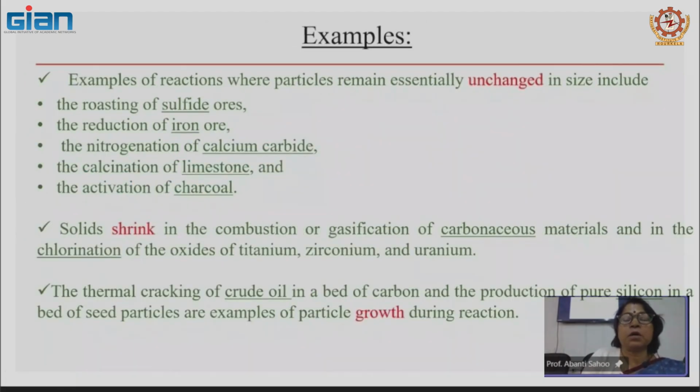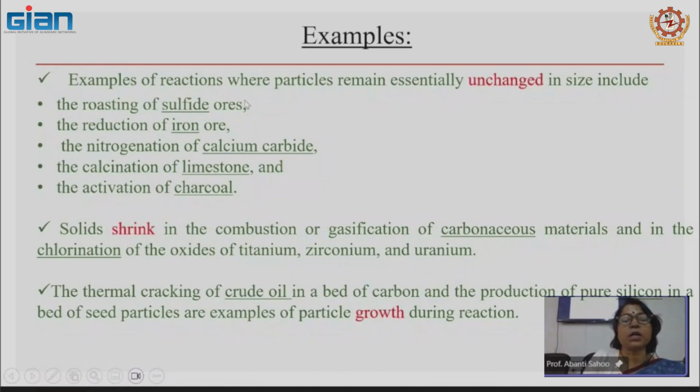Now, the typical examples for the three situations, where the particle size remains unchanged, size reduction takes place, or size enlargement occurs, are: roasting of sulphide ore, reduction of the iron ore, nitrogenation of calcium carbide, calcination of limestone, or activation of charcoal.